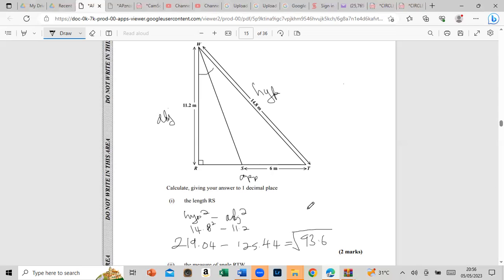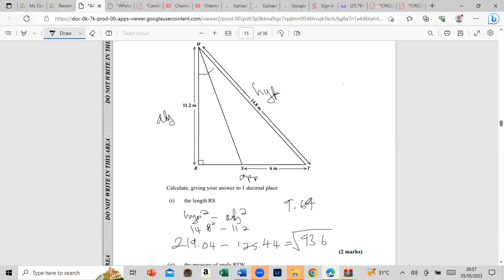So it's going to be 9 point something. It's the square root of 93.6, which works out to 9.67.